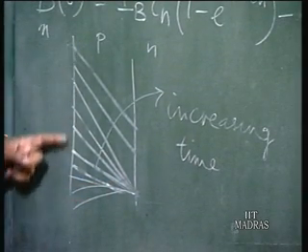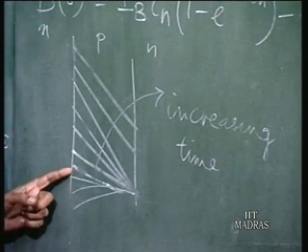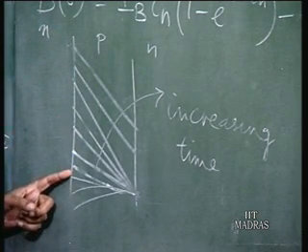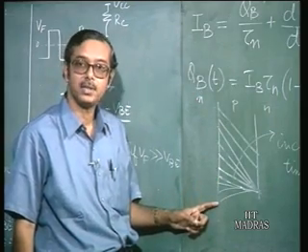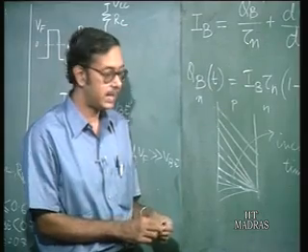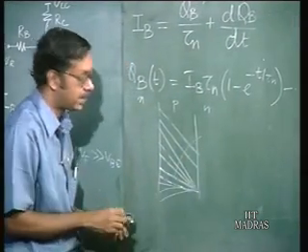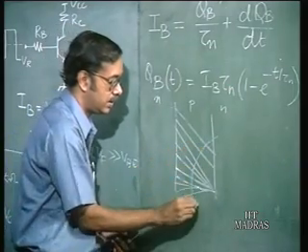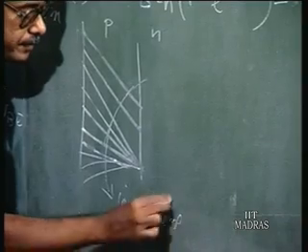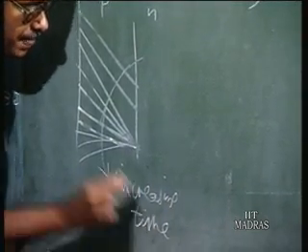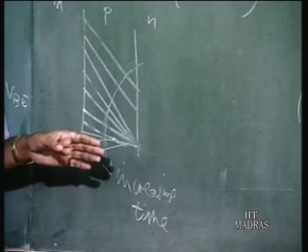So for all this time, until you have removed all this charge, the base emitter voltage is going to be positive, and then it starts going negative. So now with increasing time, I think the direction of the arrow is going to reverse. So this is with increasing time, this charge is going to reduce.